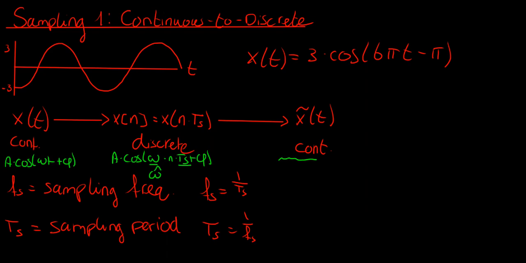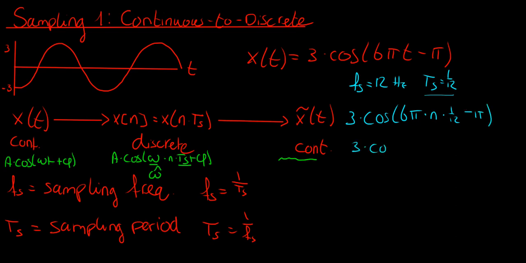If we do that for our function over here, then I'll give you the following values. Our sampling frequency is 12 Hertz. It gives us a sampling period of 1 over 12. Now for our function, we get 3 times the cosine of 6 pi times n times our sampling period, which was 1 over 12, minus pi.